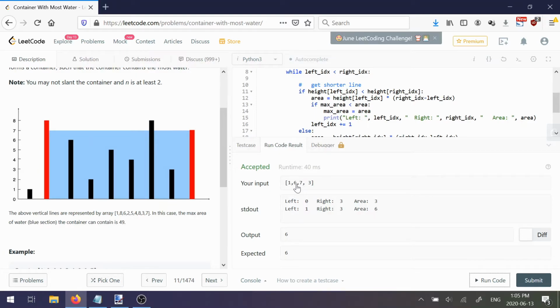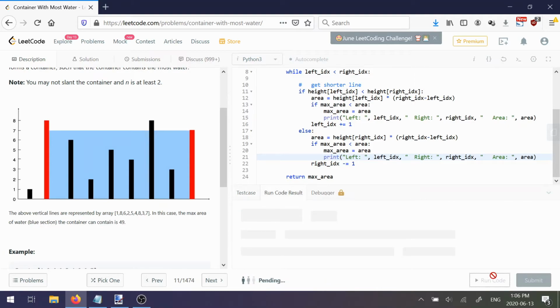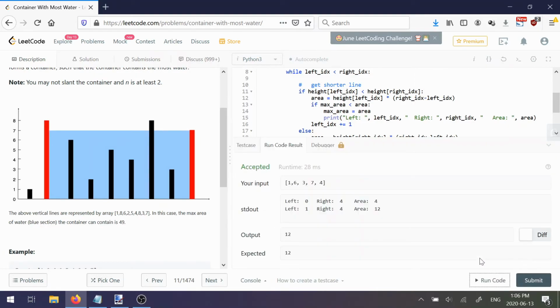Interestingly, what we do see is that when we are at position 1 and 3, so that is 6 and 3, our area is 6. But if we also move right forward 1, our area will also still be 6. That will be between 6 and 7. Now let's put something in between here, increase the difference between the 2 maximum lengths.